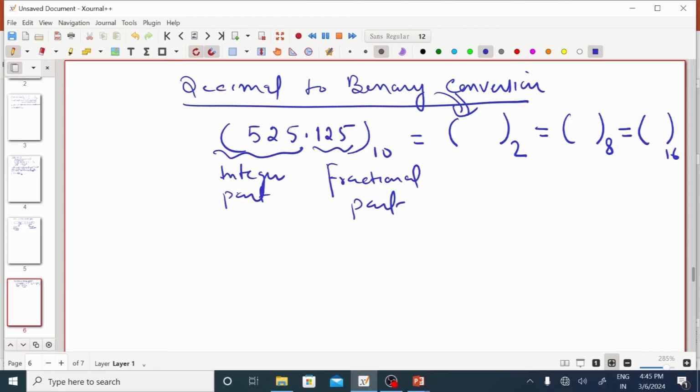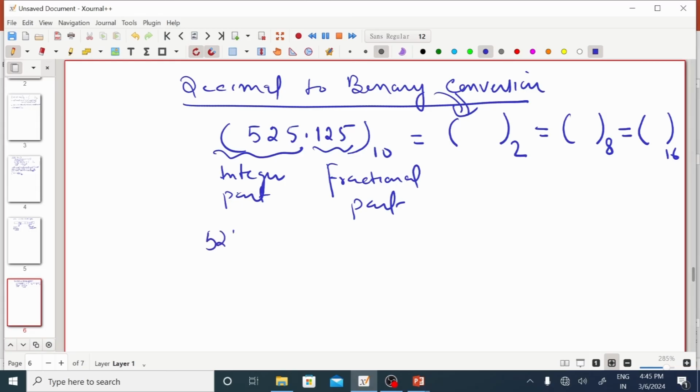Again the successive fraction is multiplied by 2, and this process is repeated until the fractional portion becomes 0 or the equivalent number satisfies a desired criteria.